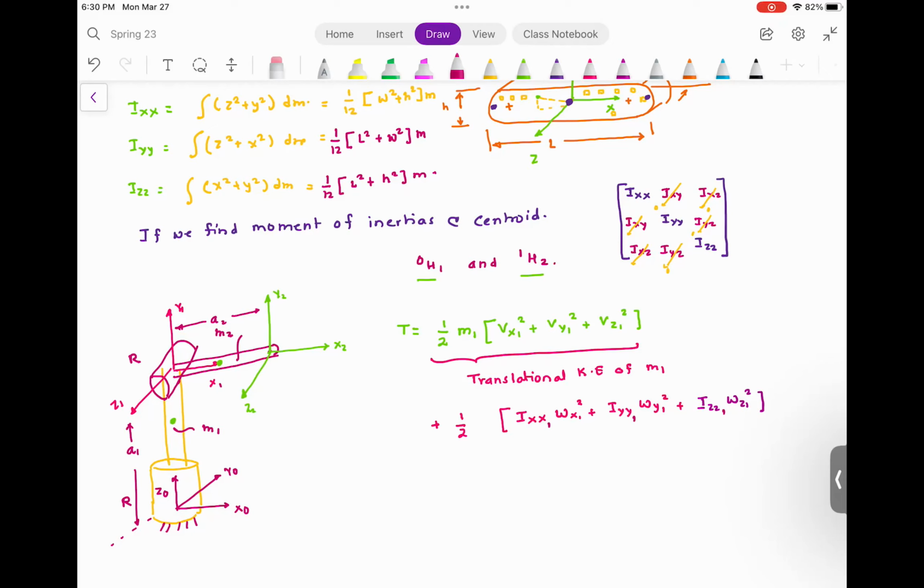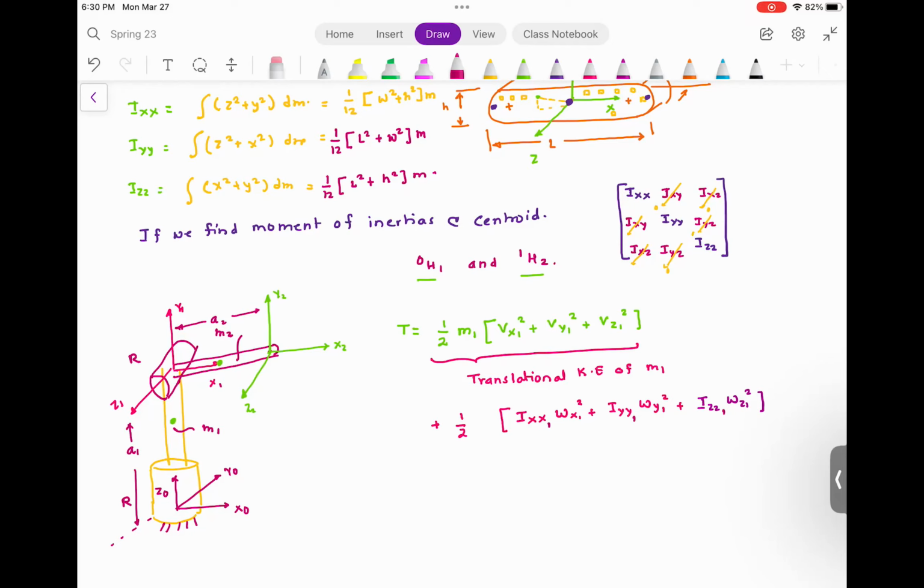Next, if you look at the kinetic energy of rotation, this is that first link. Imagine this link has rotational velocity in the x, y, z directions. It could have rotational velocity in the x direction, and in the y direction. That's why in general I have written Ixx omega x1 square, Iyy omega y1 square, and Izz1 omega z1 square.